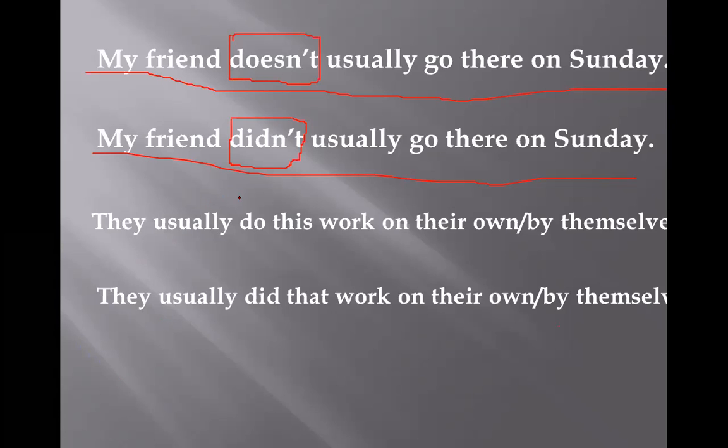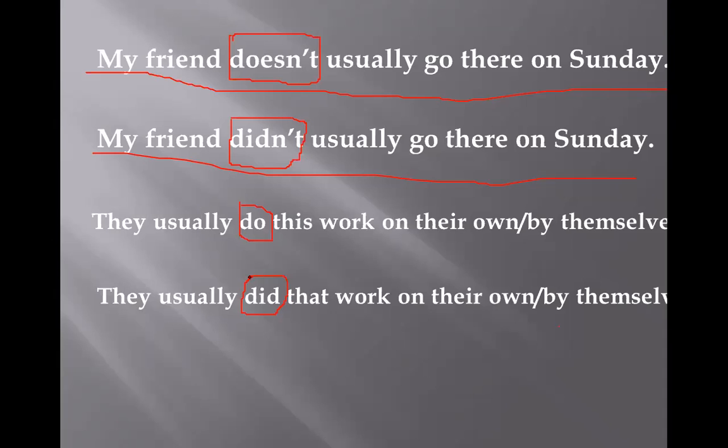Let me circle the main verb. Now you need to see, students, these words do and did are working as the main verb in the sentence. They usually do this work on their own, by themselves.